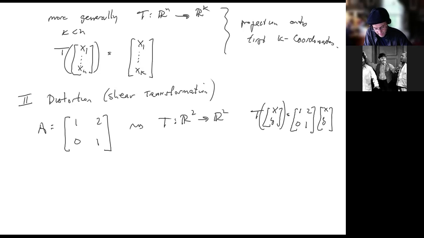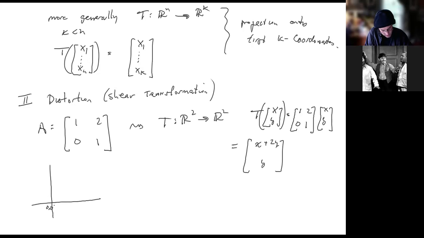And what is this going to be given by? Well, we can compute it by computing the matrix product. You're going to get 1 times x plus 2 times y, which is x plus 2y, and we're going to get y here. So now, why do we call this a distortion? We'll see it as follows. Let's consider the unit square consisting of vertices (0, 0), (1, 0), (1, 1), and (0, 1).